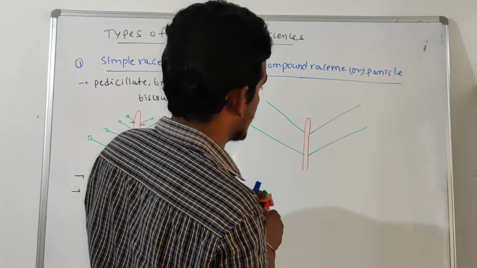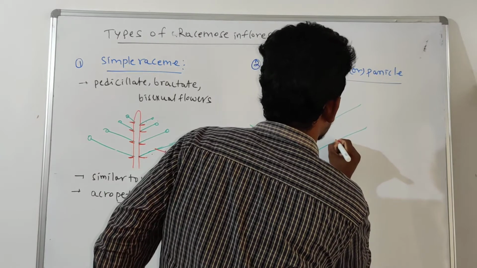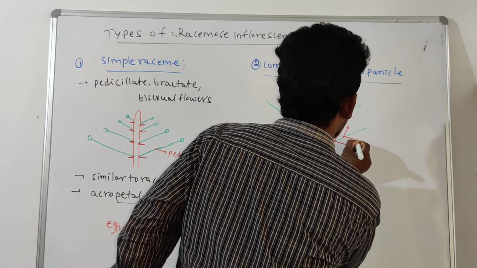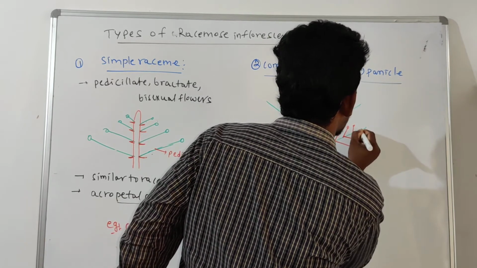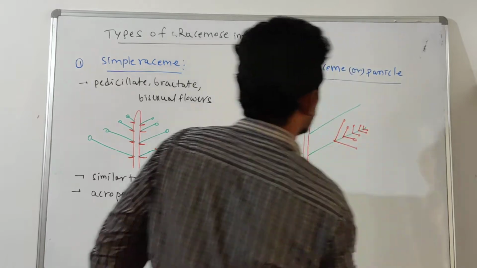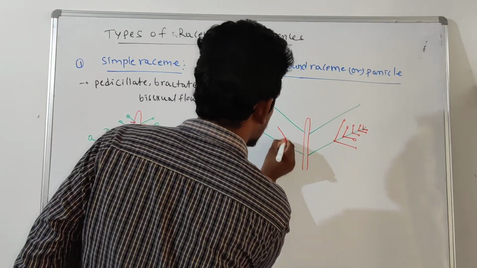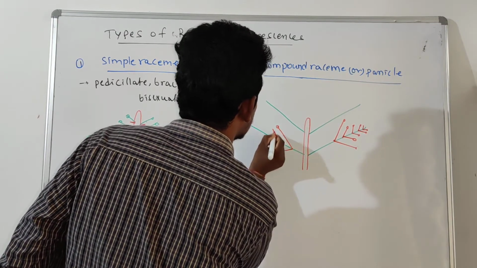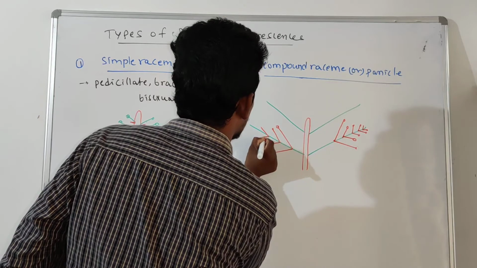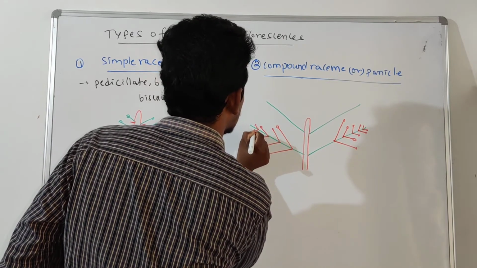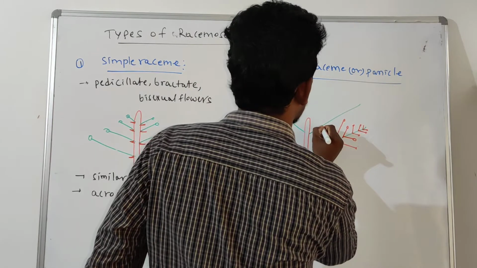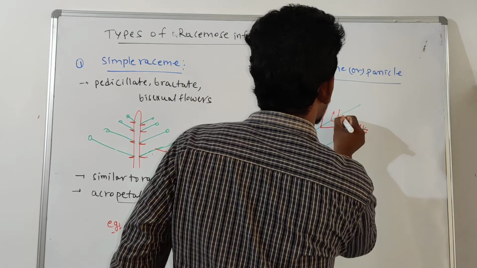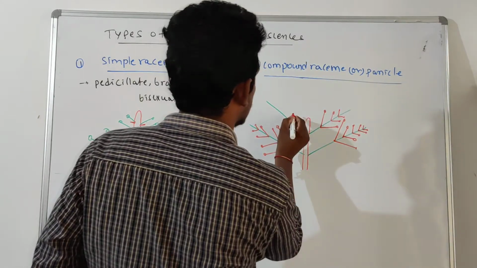In these branches the flowering takes place, in an acropetal arrangement. Here the lower flowers are large in size, and towards the apex it shows short flowers. So the type of arrangement we call is an acropetal arrangement.